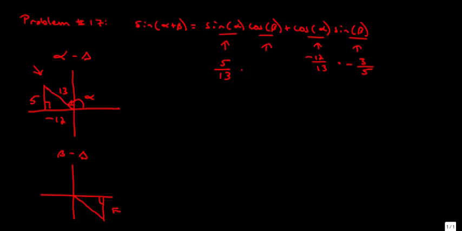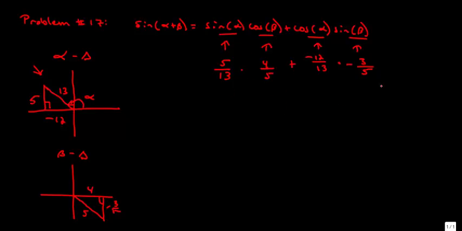Our sine value is negative 3 over 5, which gives us this length being 4. Again, Pythagorean theorem. So that tells me the cosine of this angle is positive 4 over 5.